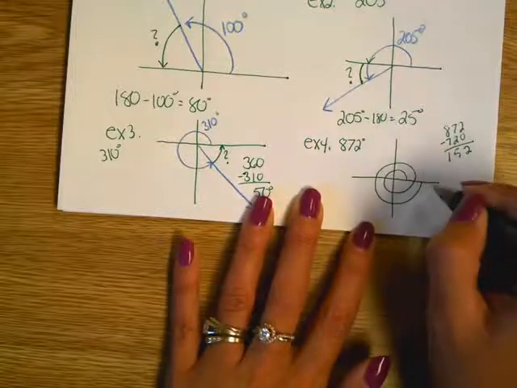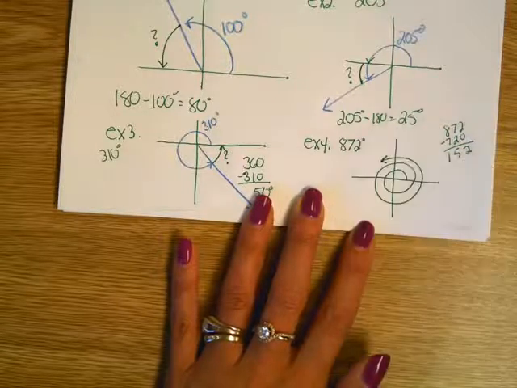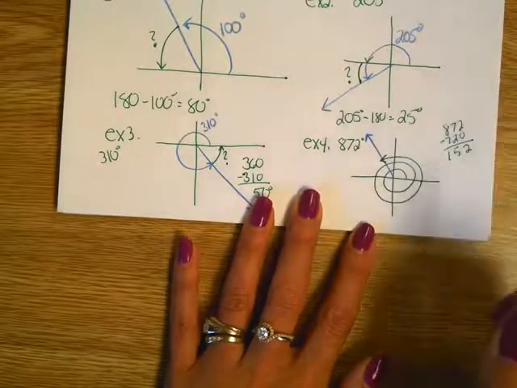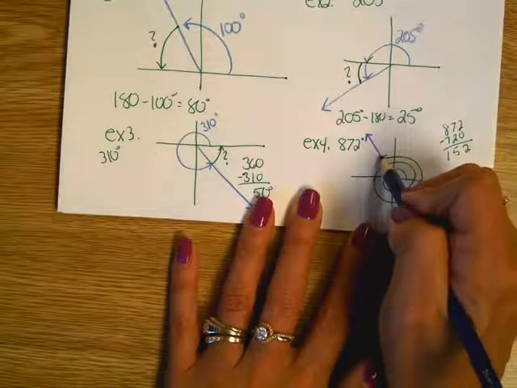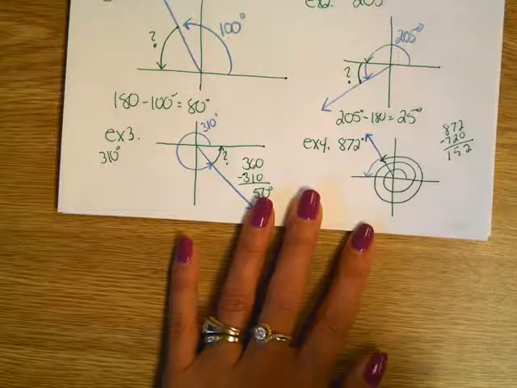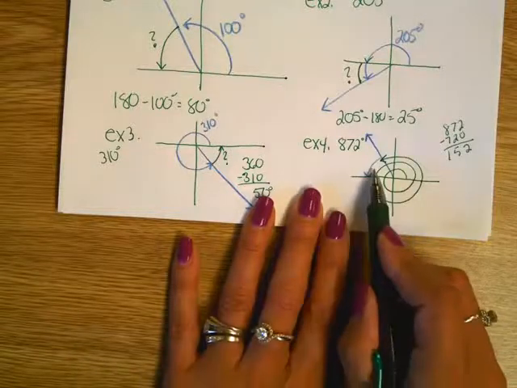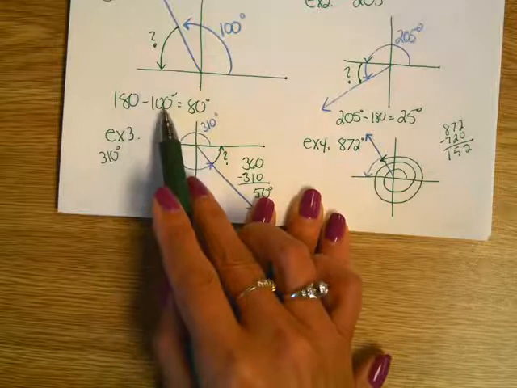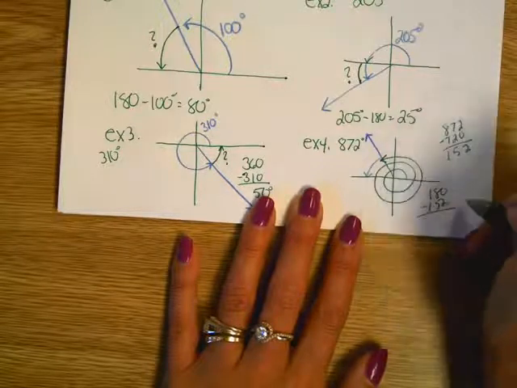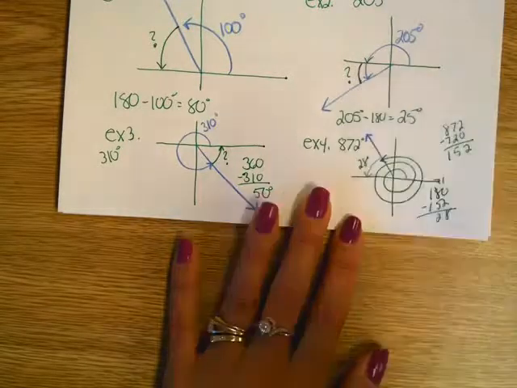So which quadrant will it stop in? 2. But again, we're looking for the reference angle, which is just to the x-axis. What did we do when we were in second quadrant? 180 minus 152. 28 degree reference angle.